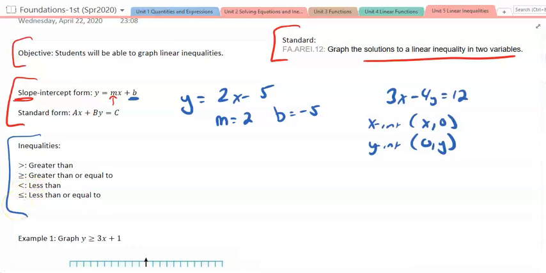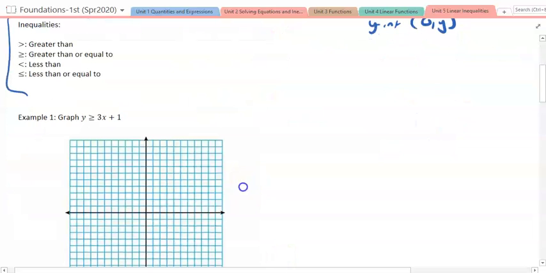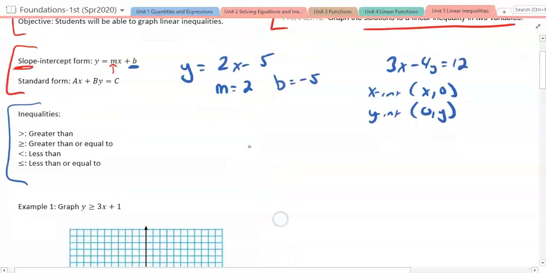Now, a little bit of review again: if I was graphing a 1 variable inequality on the number line, like x is greater than 3, I would go to 3, with 4's to the right and 2's to the left. What would I do at 3?